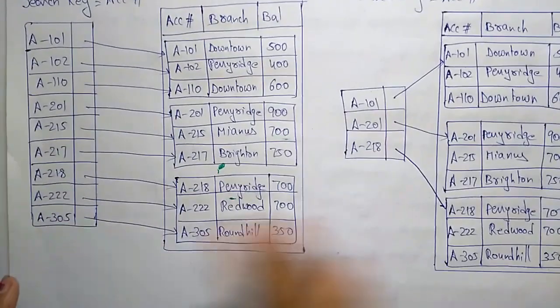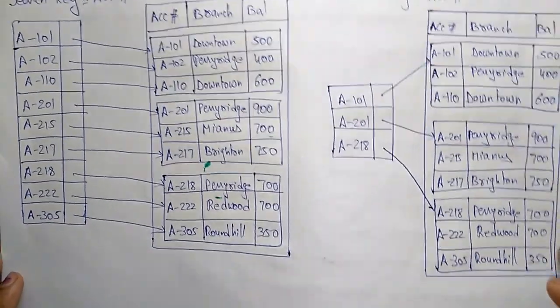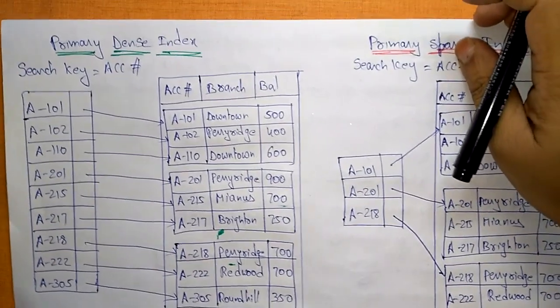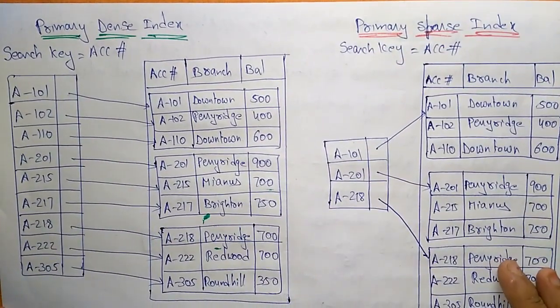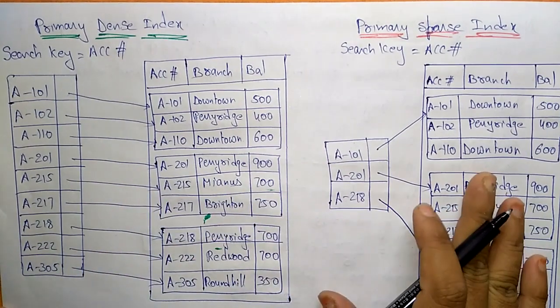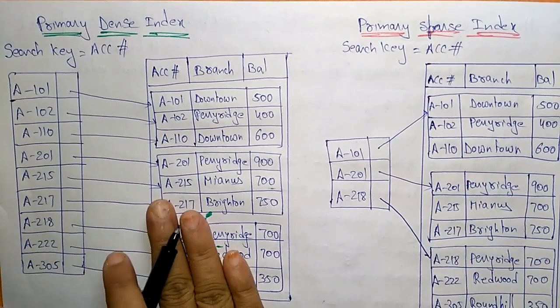So here you can see the example. Actually, this primary index will be either a dense index or a sparse index. Suppose you take the dense index.